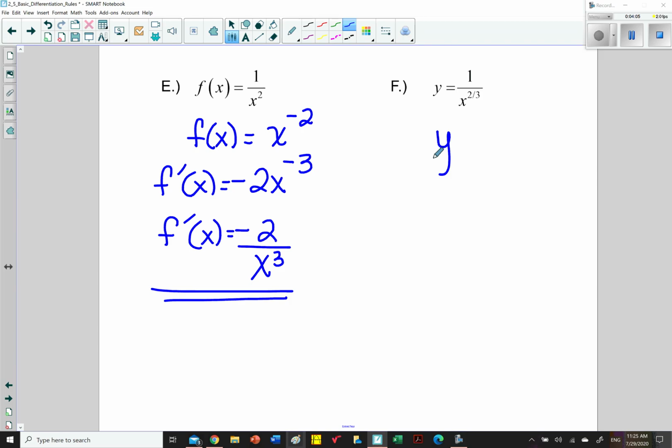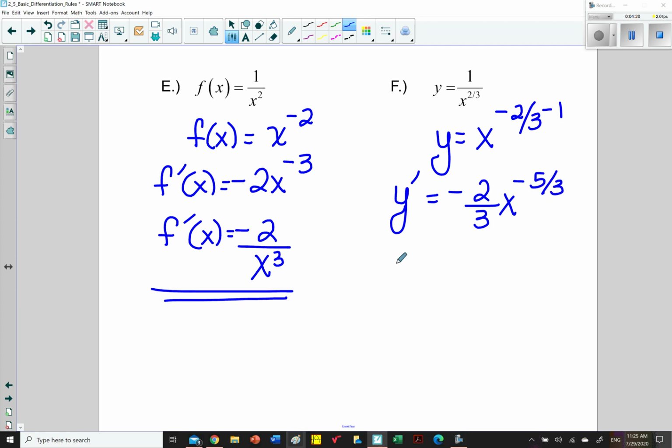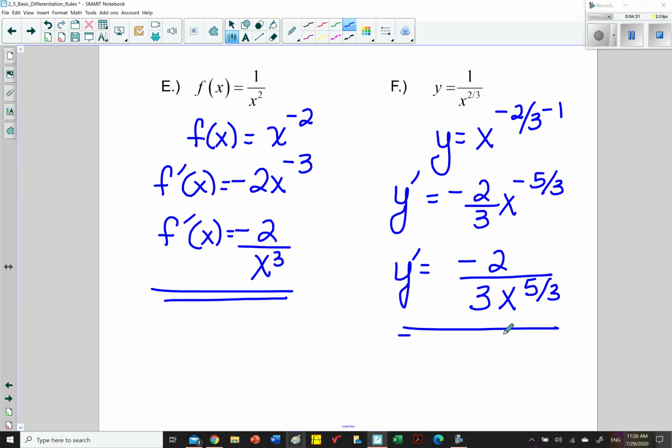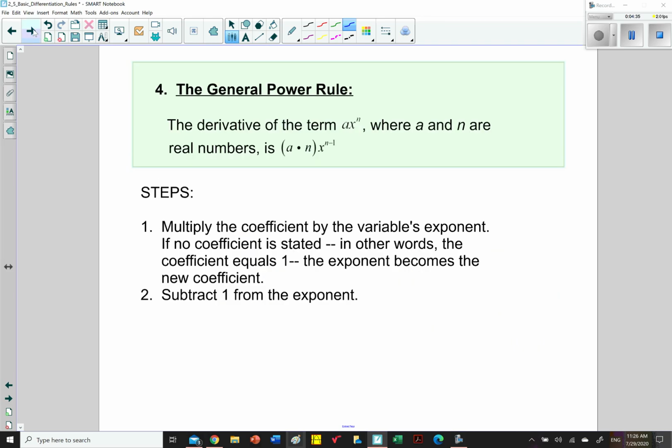And then lastly, this is x to the negative 2/3 power. Our derivative is negative 2/3 x, and we're taking 1 off of that, so that's going to be negative 5/3. And then finally rewriting so that our exponent has a positive power, so we can call that x to the 5/3 power for our derivative graph. So those are pretty easy.